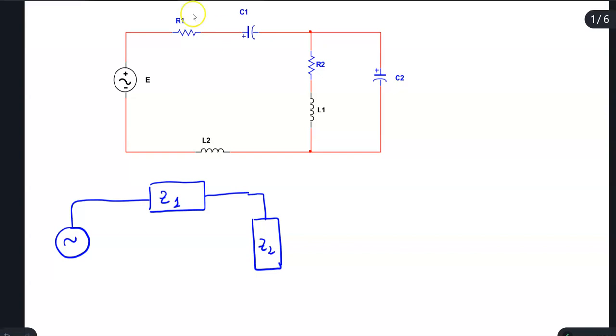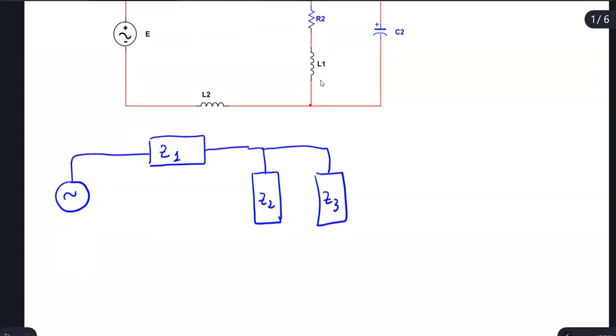I base this on the R1 and R2 here, and then I will make this part of the circuit Z3, and you see that they are connecting to another impedance. We call this Z4, and we go back to the source.